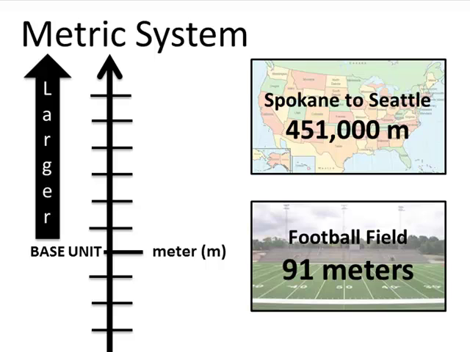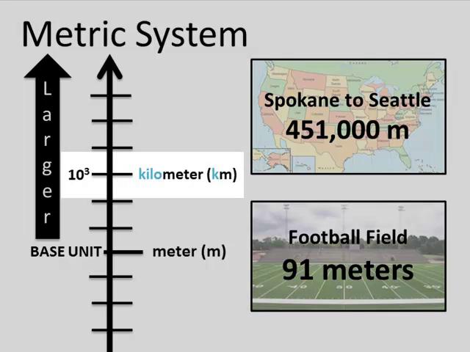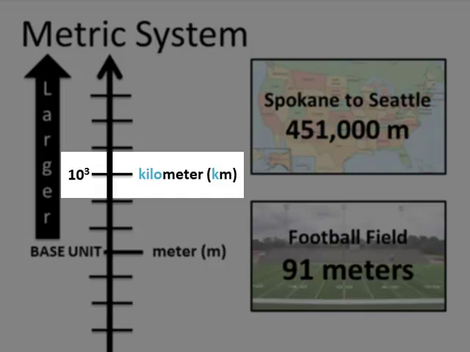If we're dealing with numbers that are much larger and that make us want to simplify the number, we'll look at the numbers that fall higher on this arrow than the base unit. For instance, we already said that there is a prefix called kilo, which is represented with a lowercase k. What kilo means is that you're dealing with something that is 1,000 times larger than the base unit.